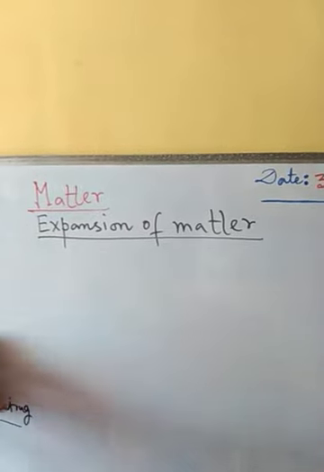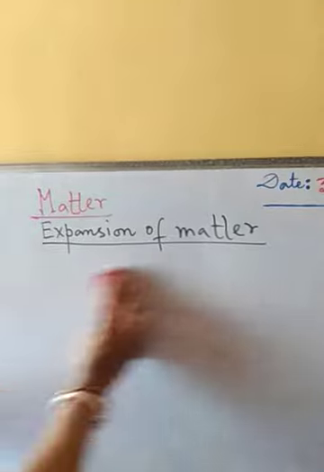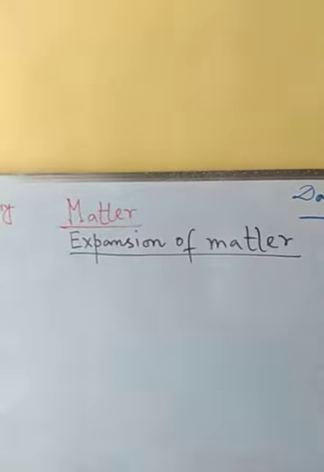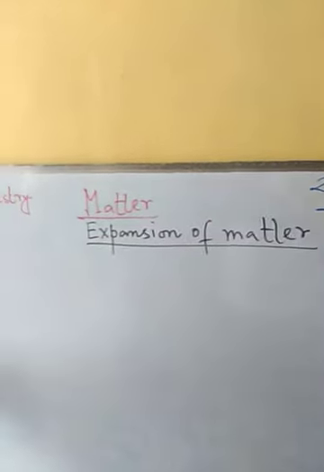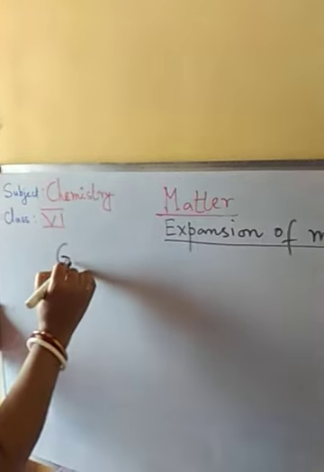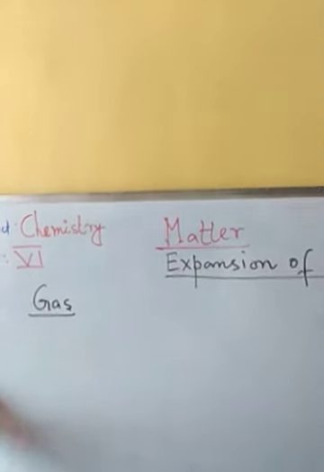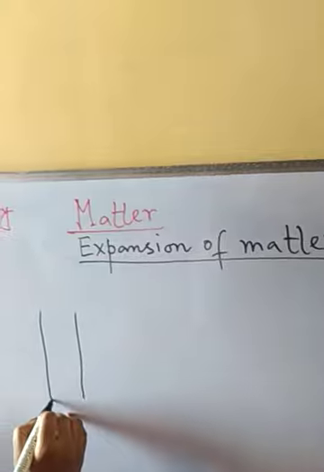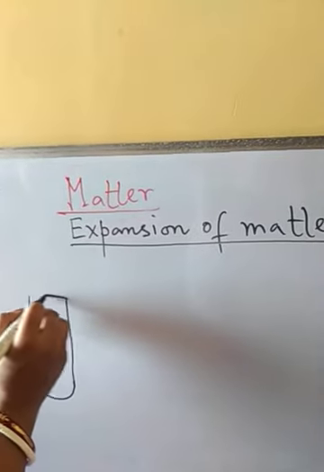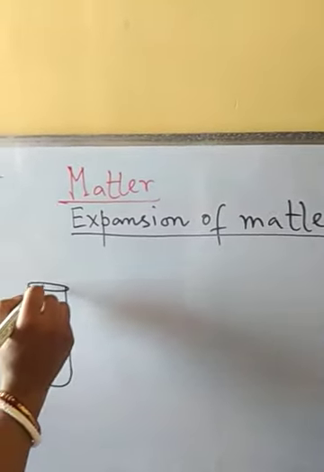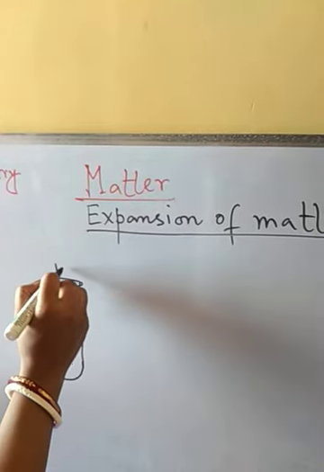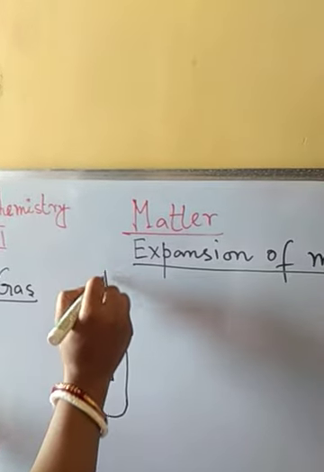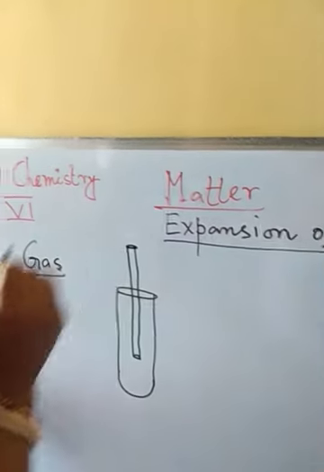So for this also we have to use a capillary tube. How will we do that? In a test tube, this is for gases. See, the same kind of test tube we will take along with a cork, and we will put the capillary tube through it.